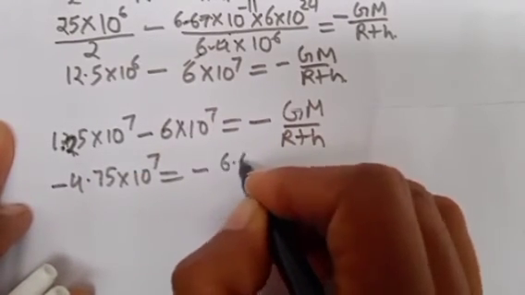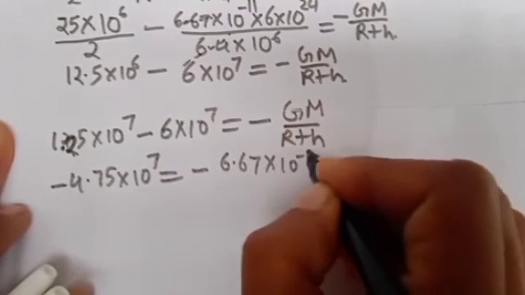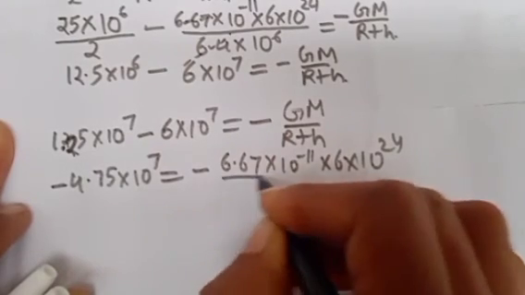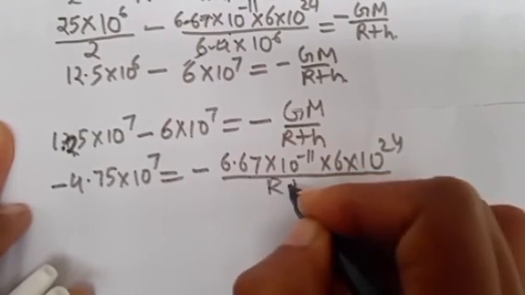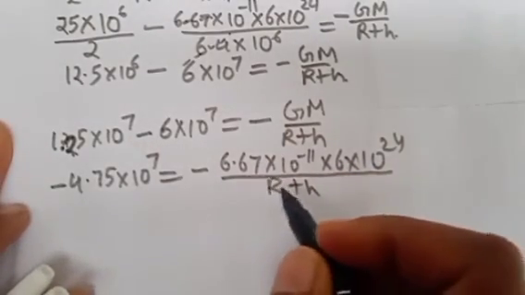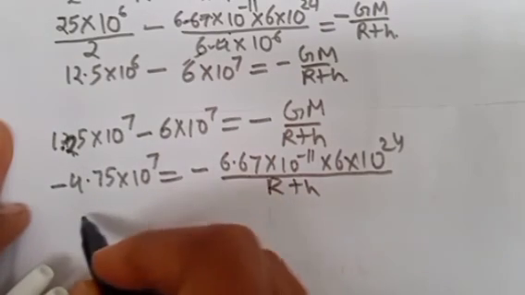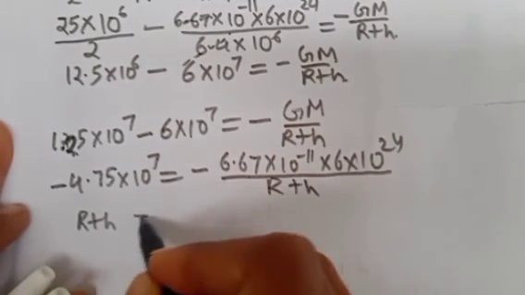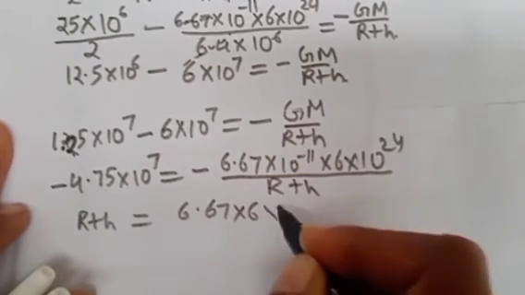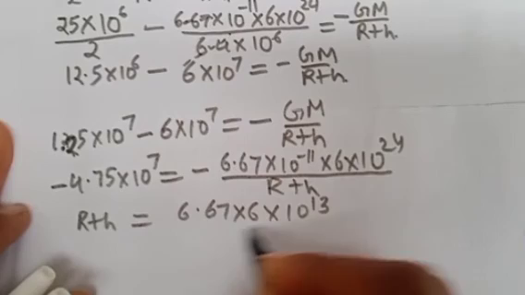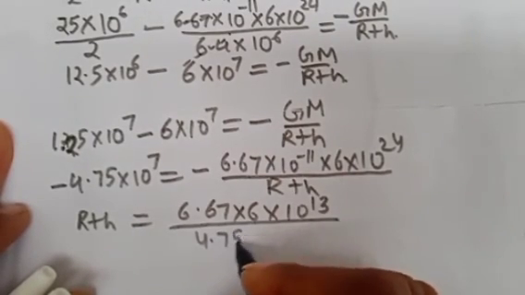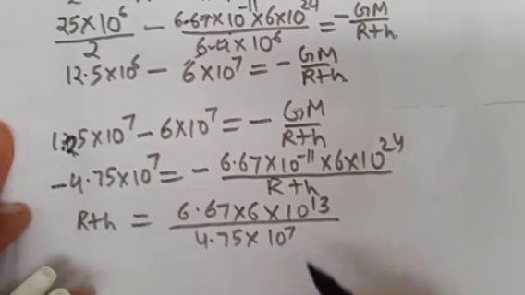Minus 6.67 into 10 to the power minus 11 into 6 into 10 to the power 24. Right now I am not putting the value of r. Anything we can do here? Nothing. Negative negative cancel, r plus h taken this side, r plus h is equal to 6.67 into 6 into 10 to the power 13 upon 4.75 into 10 to the power 7.